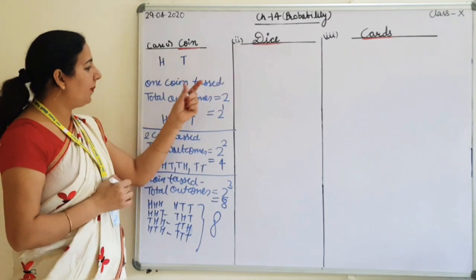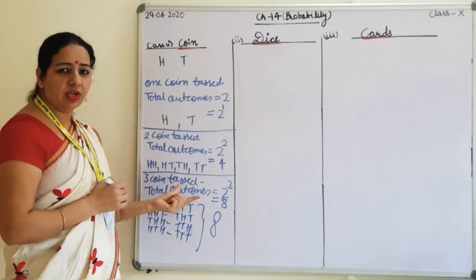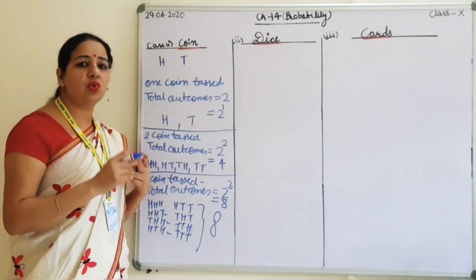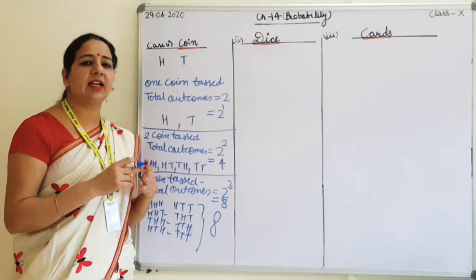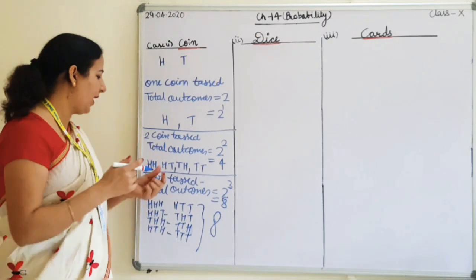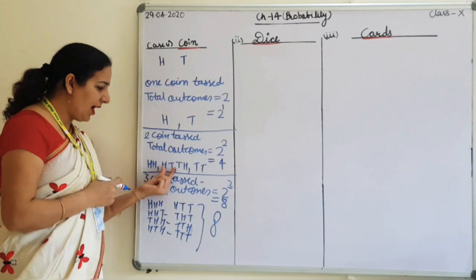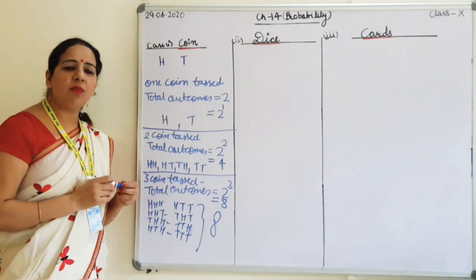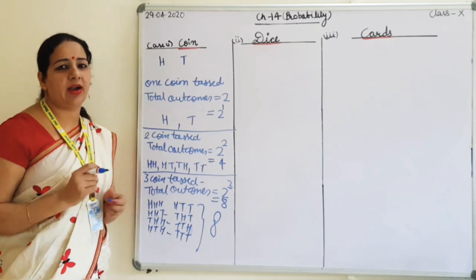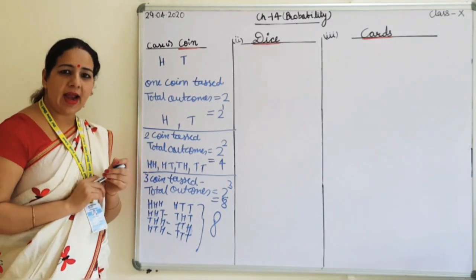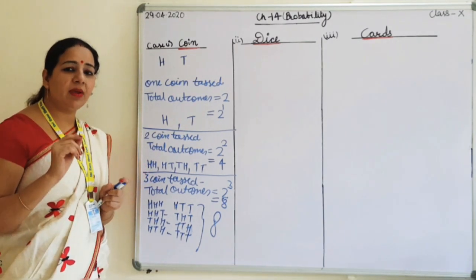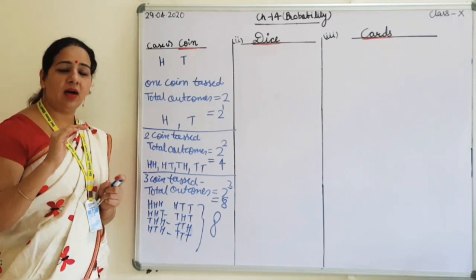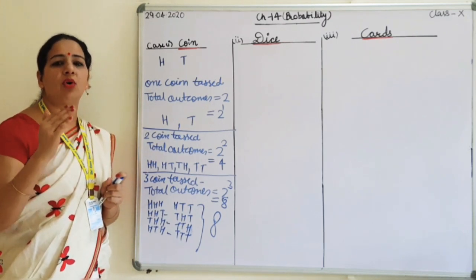Now the second topic, and one or two questions can be like this: at least 2 heads, at most 2 heads. Take head head, head tail, tail head, tail tail. The question is, what is the probability of at most 1 head? At most 1 head means the number of heads cannot be more than 1.